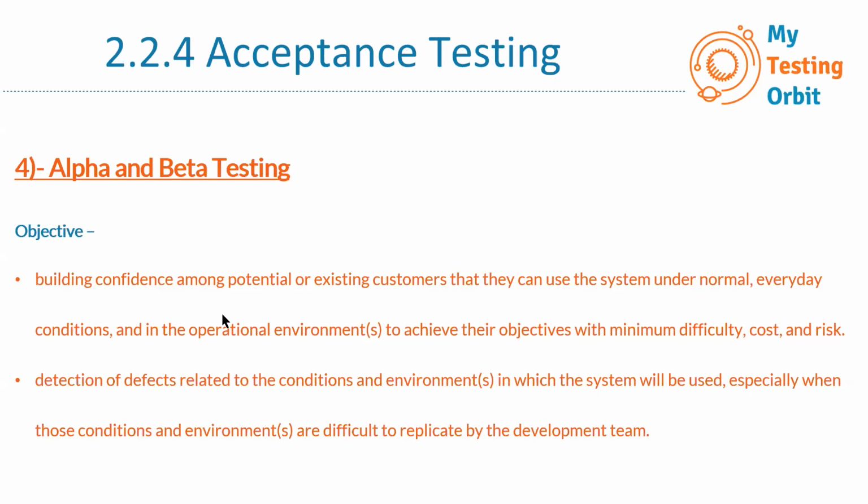Okay, Vineet is asking, we did OAT in non-functional testing, that is in system testing, so why does this come under UAT? That's a very good question, Vineet. It's true that when we are doing system testing, we are also checking the non-functional aspects.